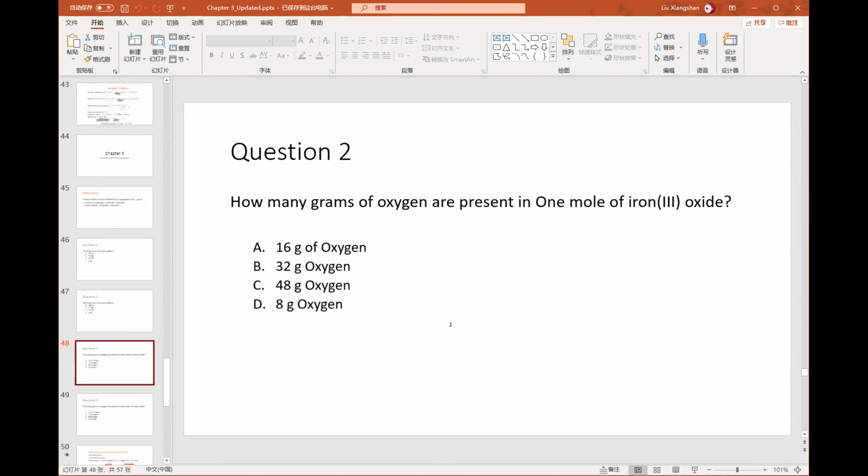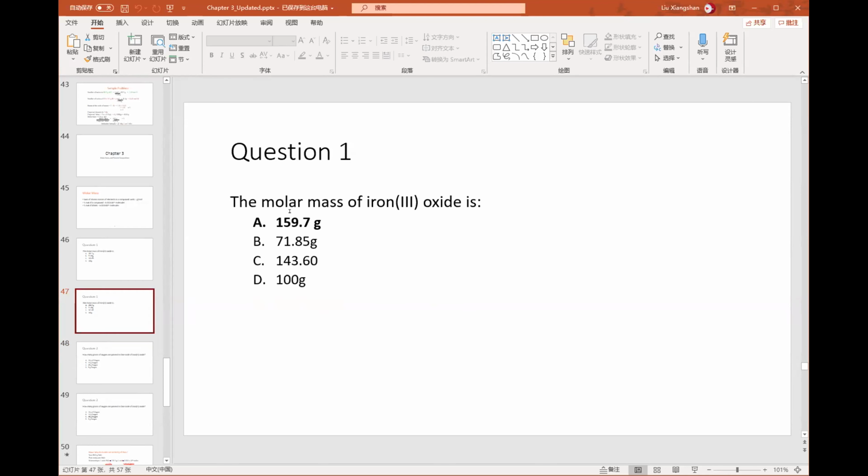And then question number 2. How many grams of oxygen are present in 1 mole of iron oxide? From the previous question, we know the molar mass of the iron oxide, which is 159.7.